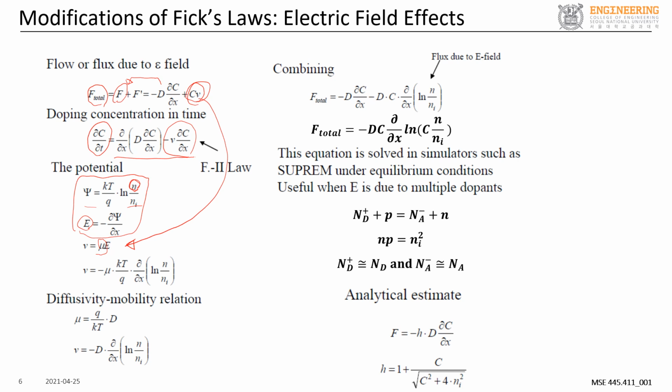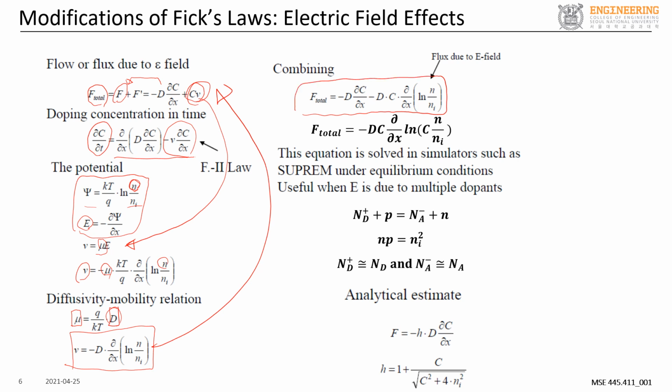Basically, combining these, you can calculate the velocity as a function of doping concentration. And also, this is the famous relationship between the mobility and diffusivity. So if you replace this mobility with D, this is what you get at the end. So you can plug this thing into here, and what you get is this, or this, the same thing. These two things are the same thing.